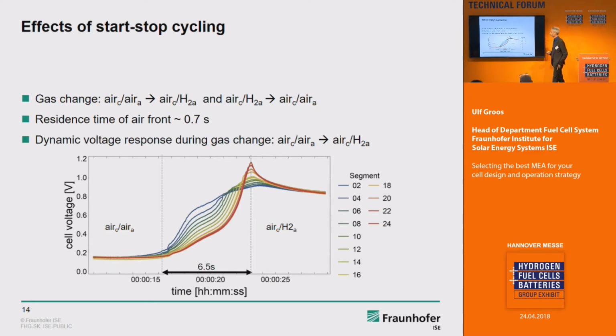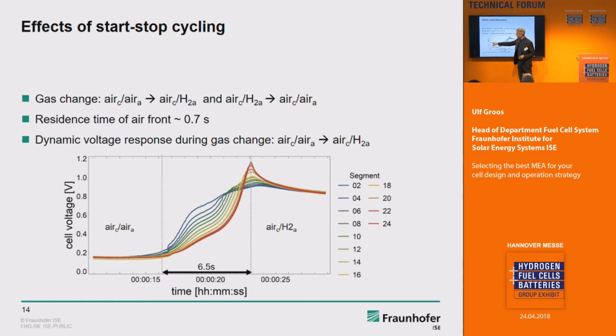In this experiment, we did start-stop cycling, in that we did a gas change from air-air to air-hydrogen. So we have the air-hydrogen front, and then vice versa from air-hydrogen, the normal operation of the fuel cell, back to air-air in this case.